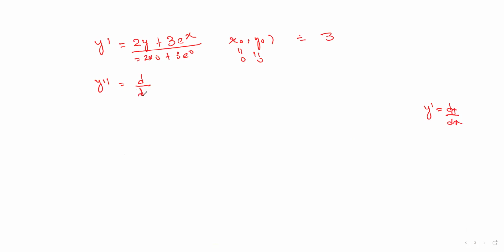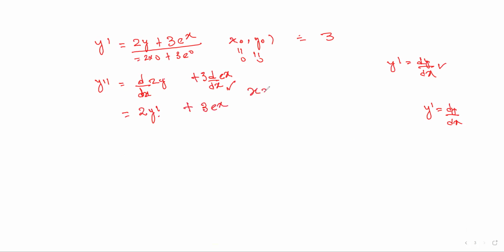Again, differentiate this with respect to x: d by dx of 2y plus d by dx of 3 e power x. The 3 is a constant, and the differentiation of e power x is e power x from the beginning. So this will become 2 y dash, because what is y dash? It is 2y plus 3 e power x, and this remains the same, e power x.